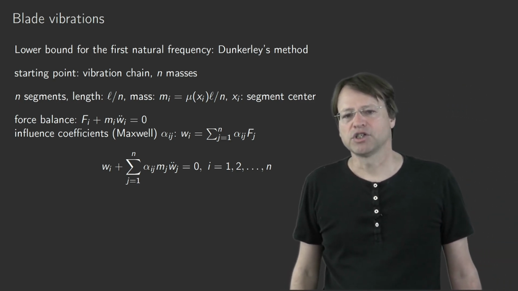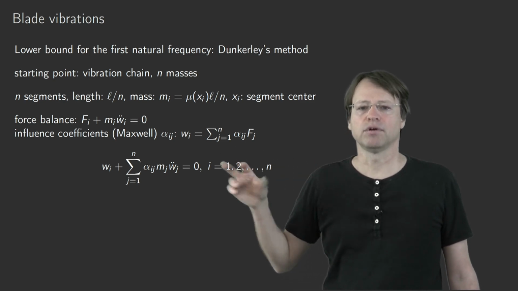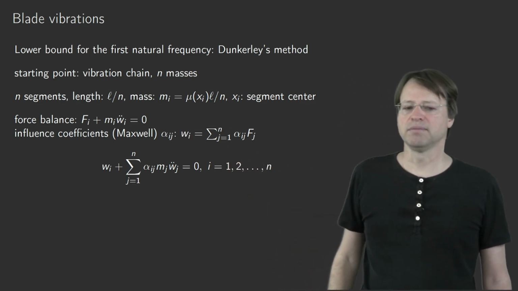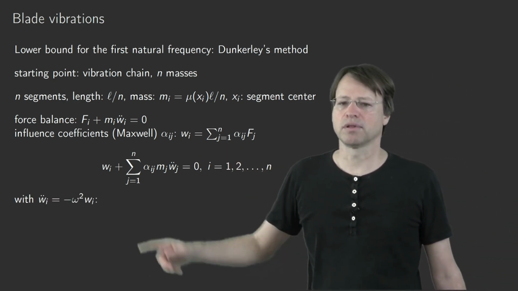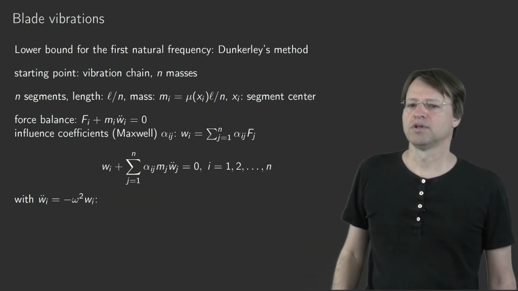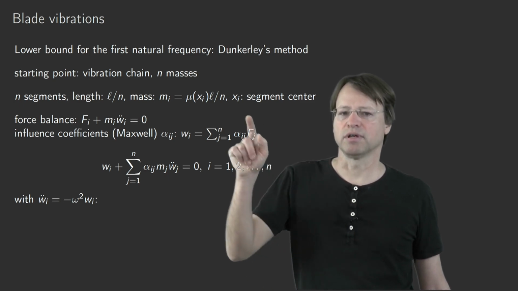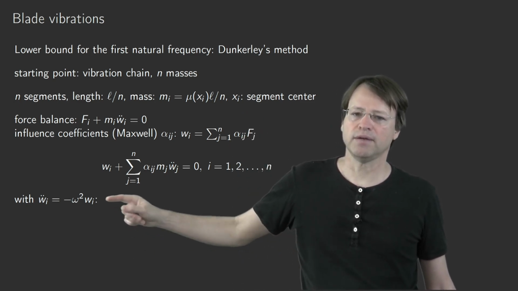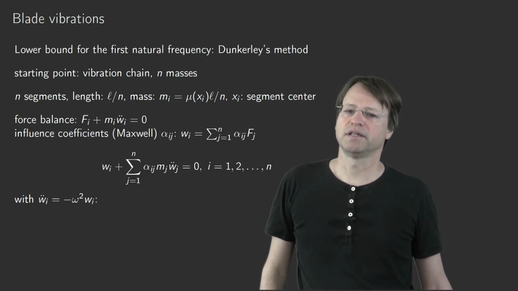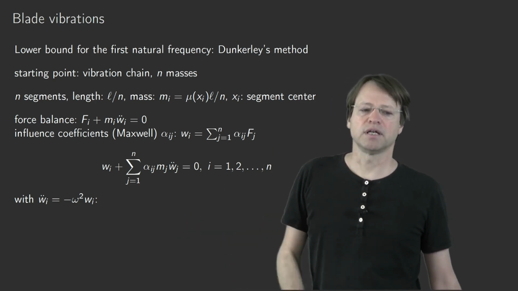Now for that vibration chain, we also have the time behavior, as before for the beam, as a harmonic behavior. So we know that the second order time derivative of W sub i, for the displacement of each segment center, gives minus omega squared W sub i, a harmonic time behavior.